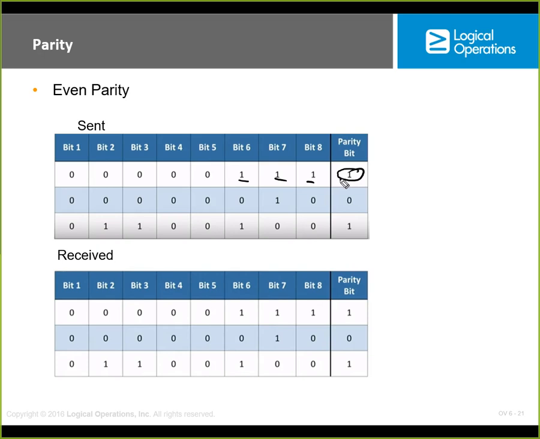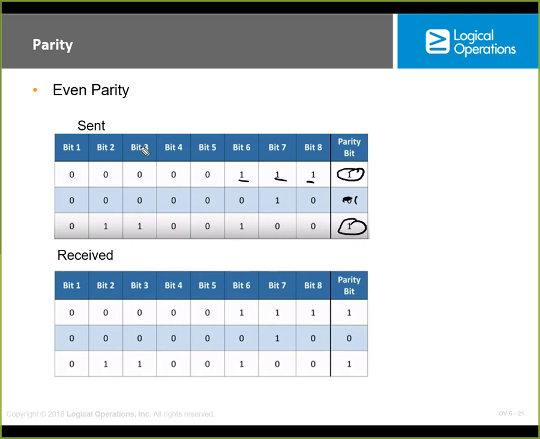The issue here is that if we have some changes, we'll go down here. I think I got these messed up. What I did is copy the same one twice. This one has got a problem because it should have a 1. This one would have been sent with a 1, 1, 0, and then we put a 1 in for the parity.